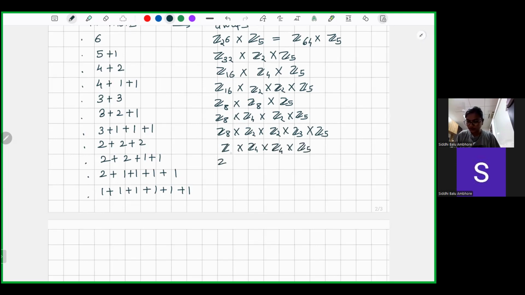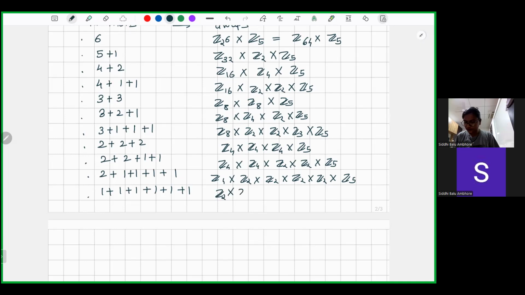Here again it is Z4 cross Z4 cross Z2 cross Z2 cross Z5 and here again Z4 cross and then 6 times Z2.